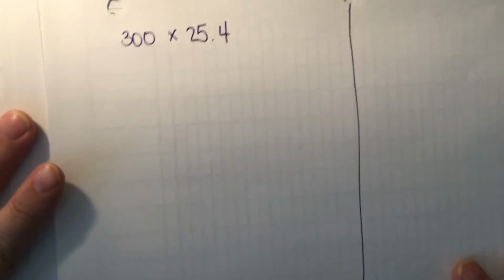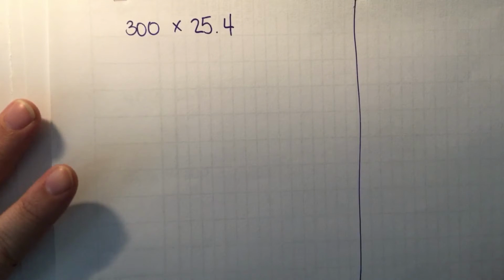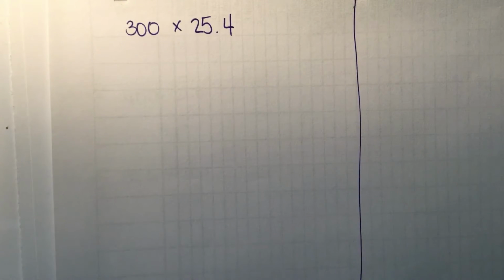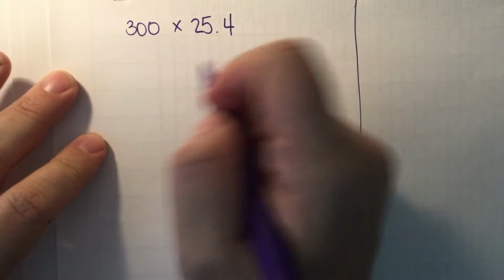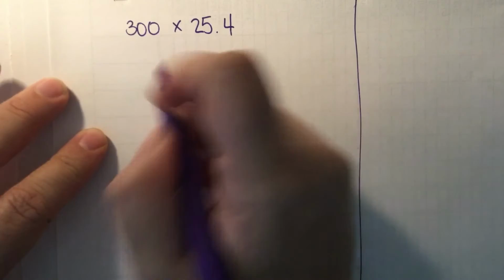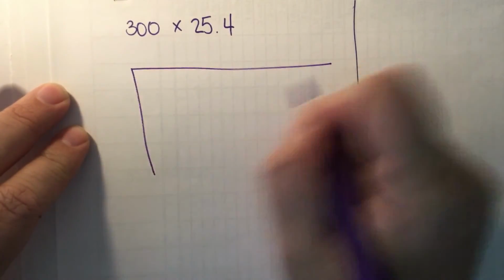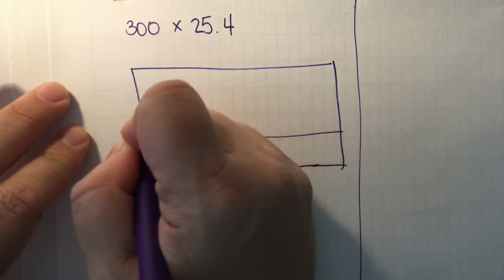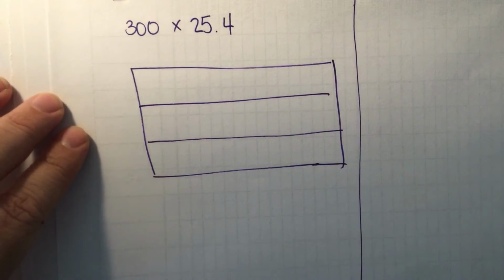Okay. I'm going to show you another way of multiplying with our diagram, okay? So here we're going to draw our box again, right? And we have 3 digits here. So we'll go like this. Okay.